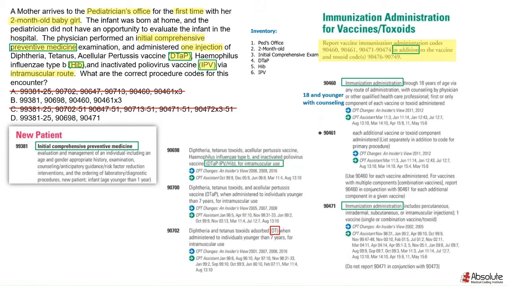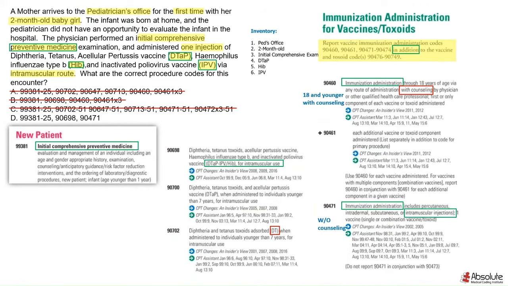We already established that there was no counseling documented. There was no counseling given. So 90460 is incorrect. And if you look into CPT code 90471, that is for immunization administration without counseling. So that is going to be our code selection.